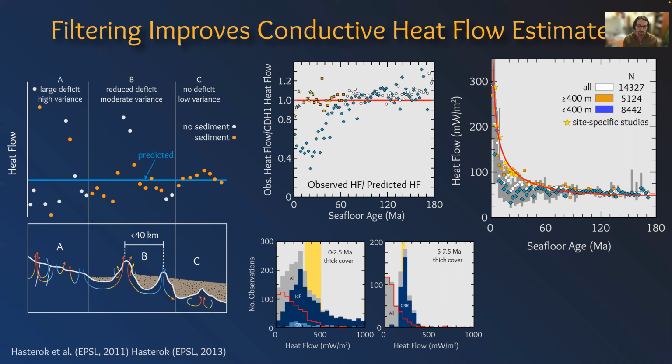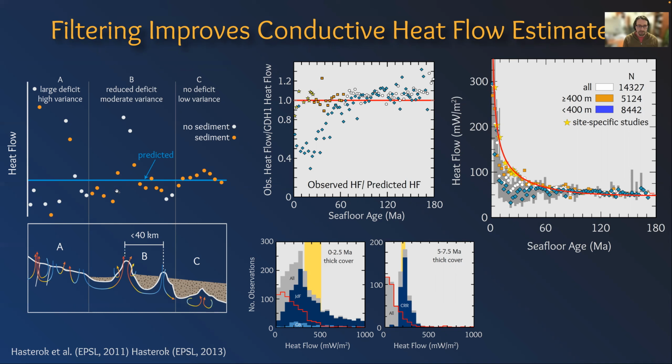Now, the ocean sediments are very impermeable relative to igneous crust. As a result, fluid flows easily through this igneous basement and moves heat around as it does. And as a result, when there's no sediment at all, you get large variance and tend to get a large deficit in heat flow.